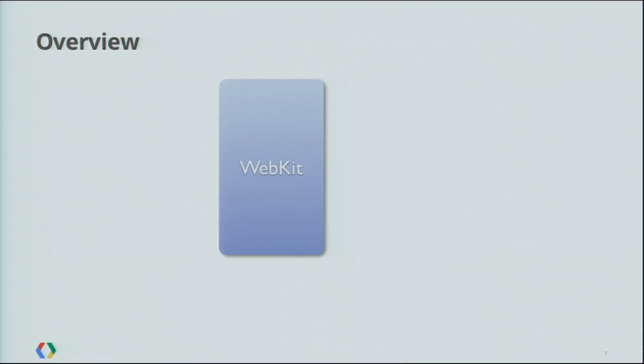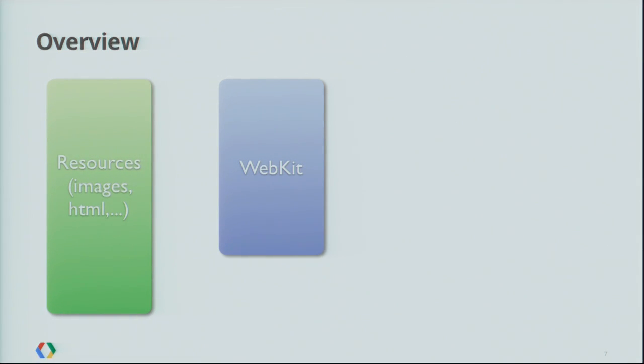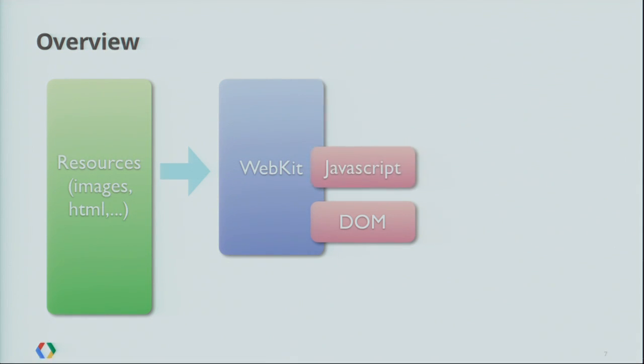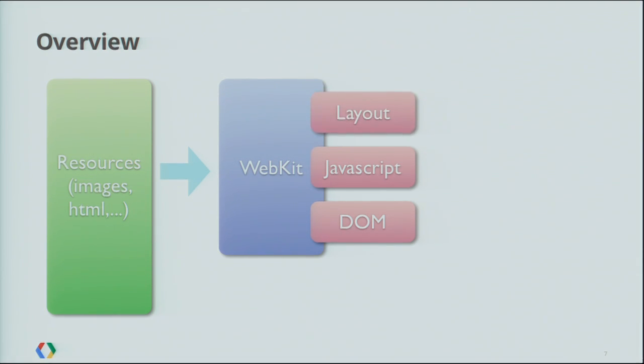Right, so how it works, in slightly more detail. Let's say that you get some resources. You're going to send them to WebKit, or WebKit is going to load them more exactly. WebKit is going to build a document object model using that, execute any JavaScript that has to be executed on the document object model, and finally do the layout and everything that needs to be done.